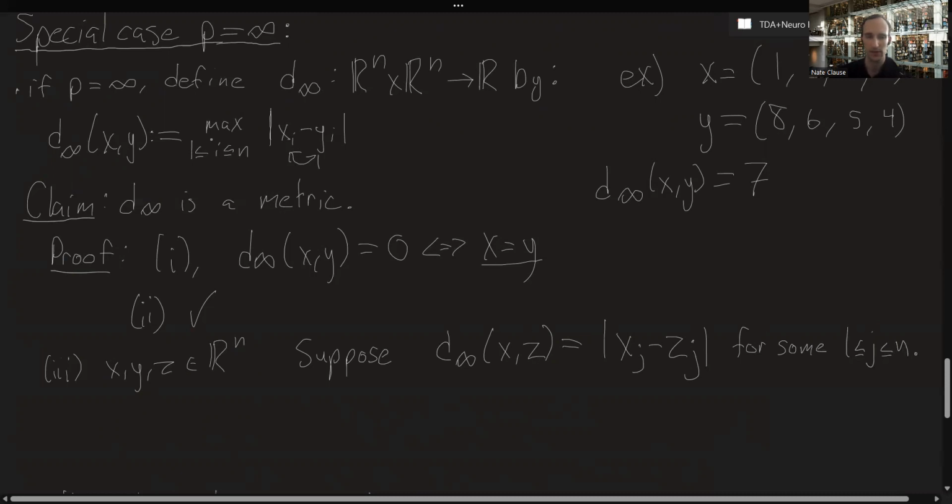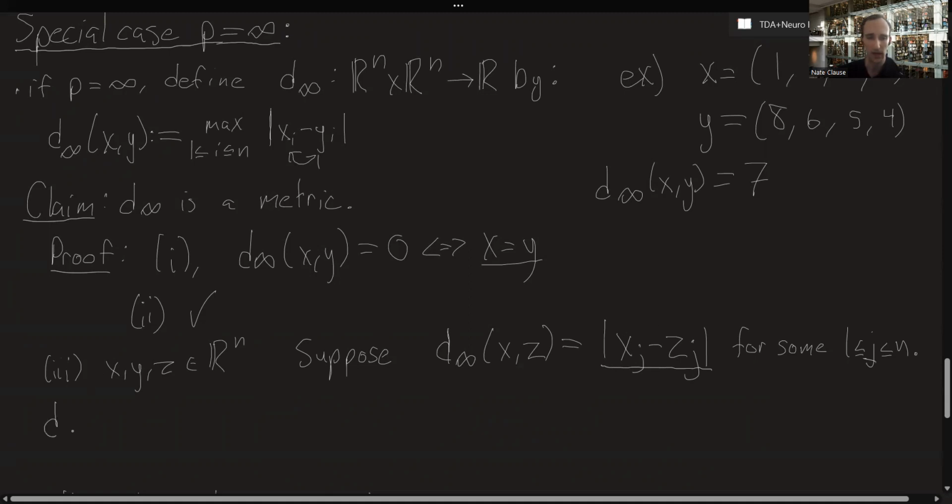Recall d infinity was defined as taking a maximum over all n coordinates of the absolute value of the difference in that coordinate. And we're just saying that this distance must be realized by some specific coordinate difference, and that it is occurring at index j.